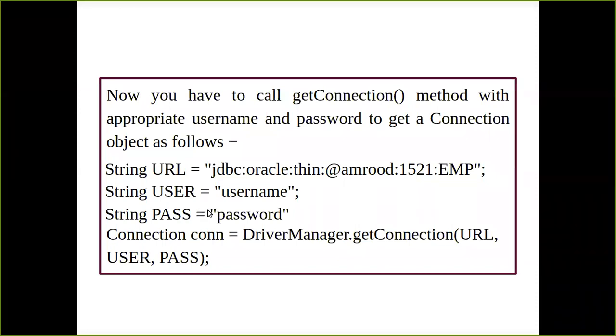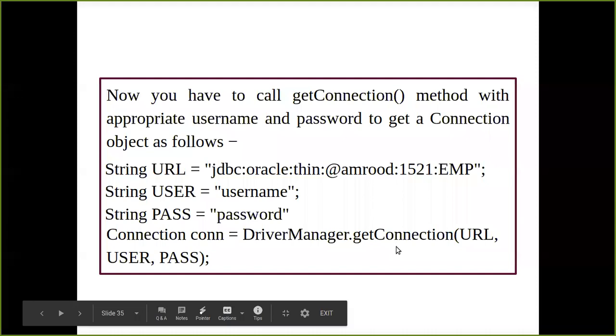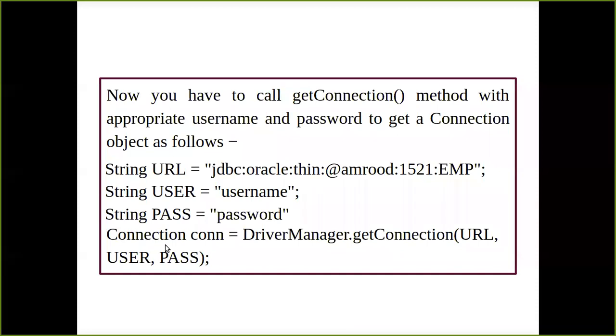And always remember, we are going to use the getConnection method, and this getConnection method comes from the Connection class. Okay, so we have imported java.sql.*. We have registered the driver by using Class.forName and passing the JDBC driver path as the parameter. The third step is using the Connection class.